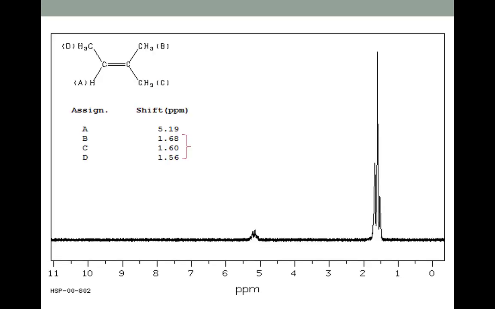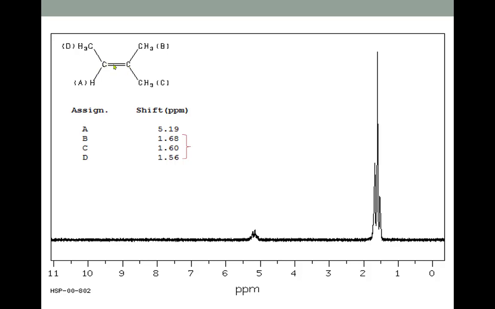Taking another example here, we see an alkene. So this would be the structure shown here in the upper left, and we can see the assignments of those peaks. Again, we see one hydrogen is significantly different to the others. That hydrogen is the vinylic hydrogen connected directly to the alkene carbon.